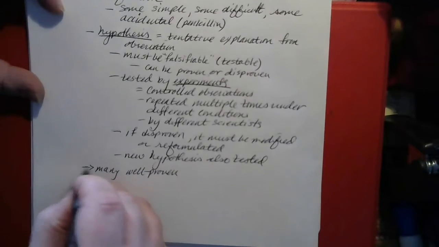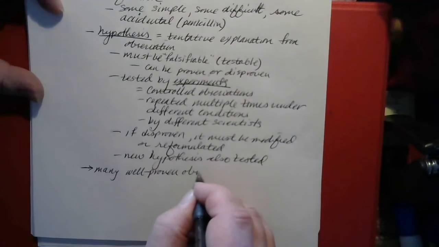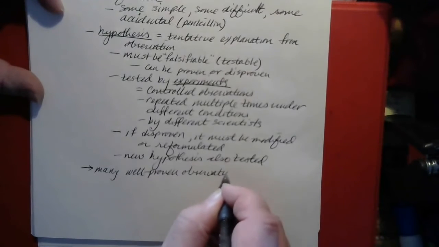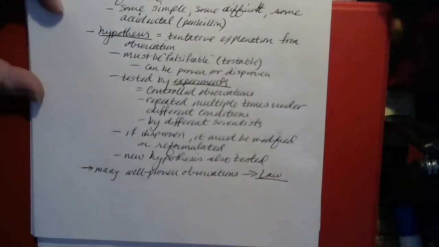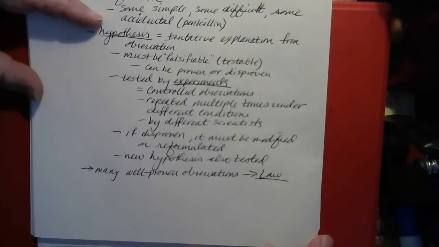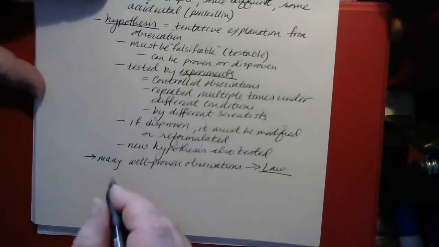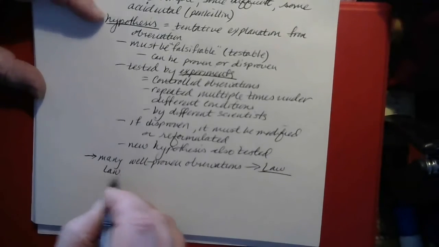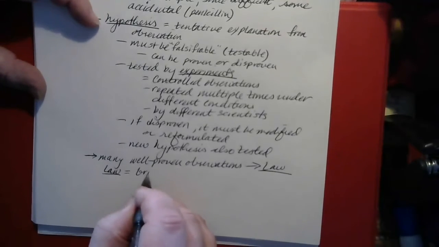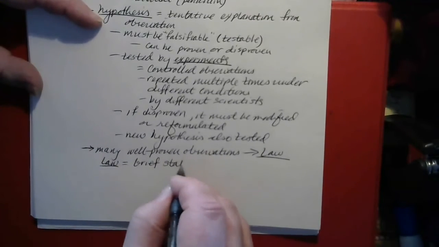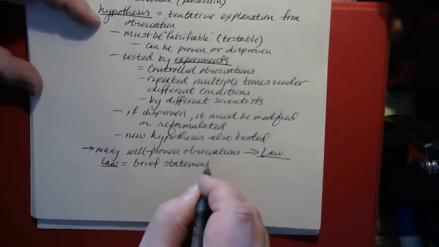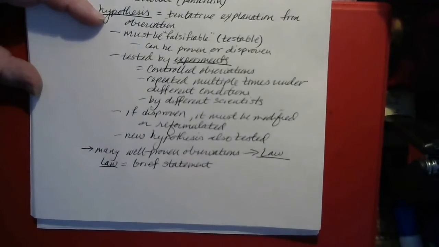Eventually, many well-proven observations can be formulated into a scientific law. A law in science is a brief statement summarizing past observations and predicting future results.